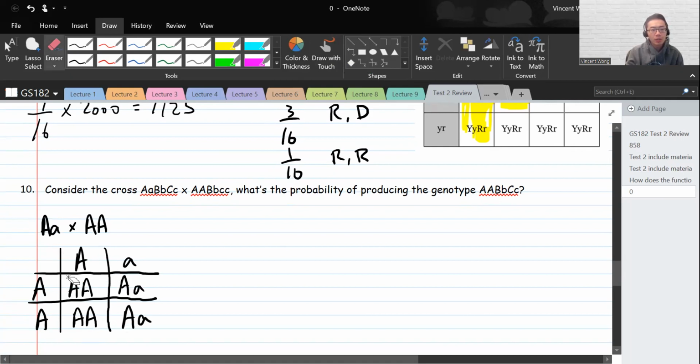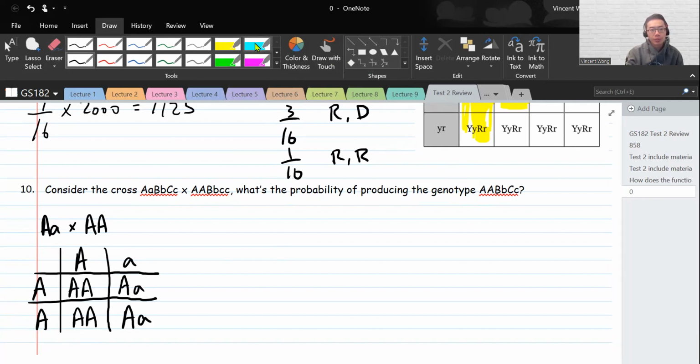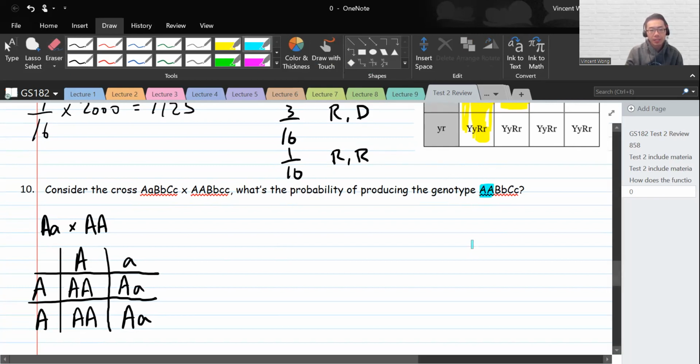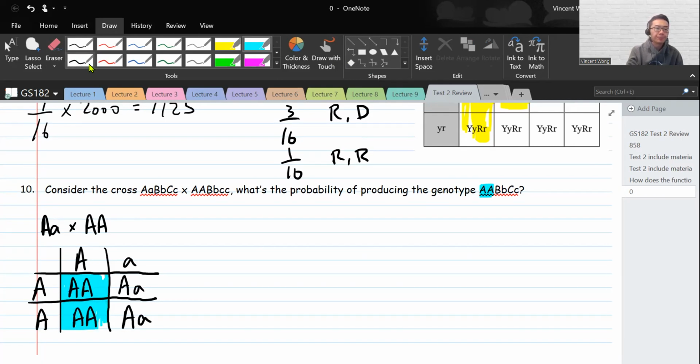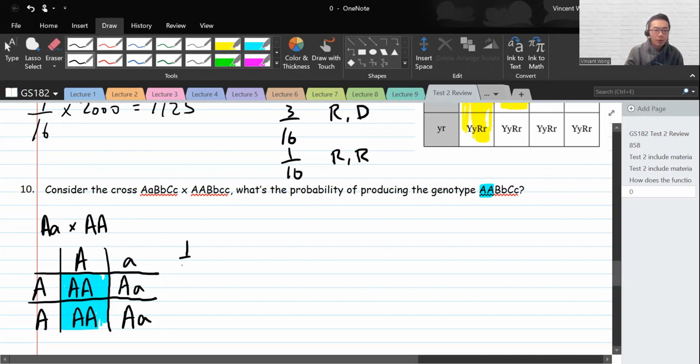So which one are we looking for in our result? Well, we're looking for the big A, right? So big A is all here. And that's going to be 1/2, right? 1/2.